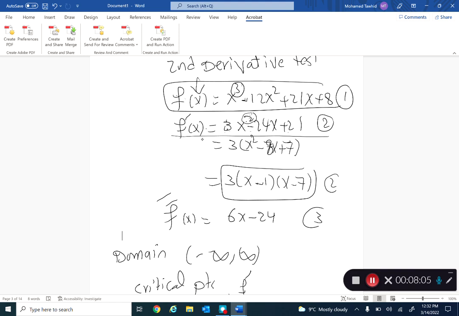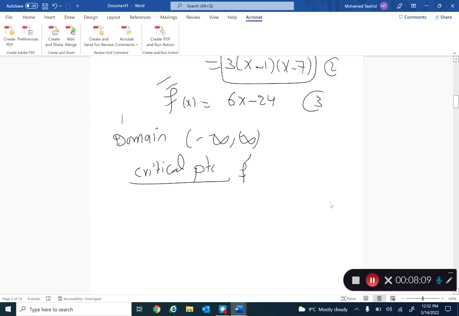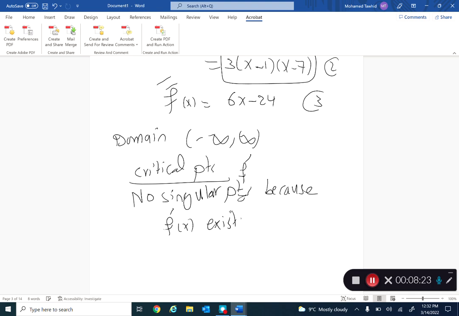So if your derivative always exists for any real number x, it means I don't have a singular point. No singular point, because the derivative that I have exists for any real number x.